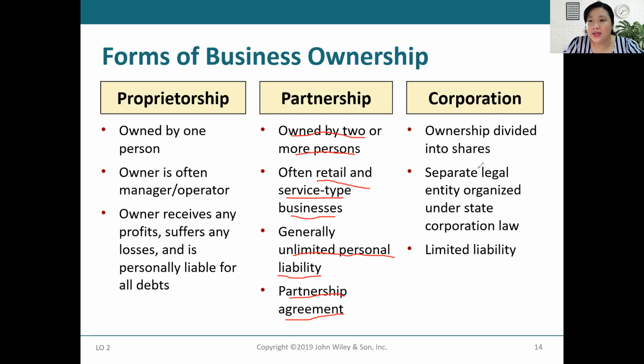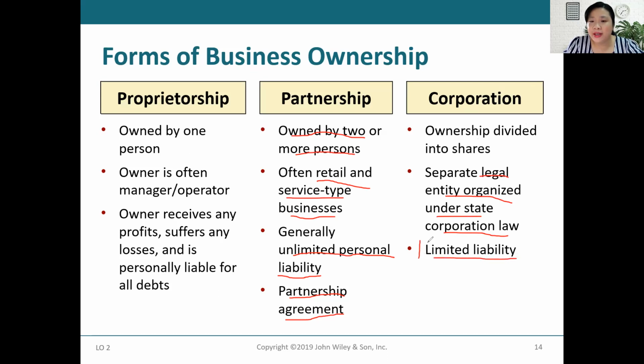The owners are those who purchase the shares or the stock of the corporation, and the corporation is owned by many people, all right? So a corporation is a separate legal entity organized under state corporation law, and it has limited liability.